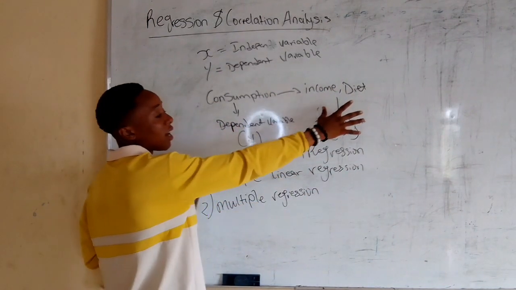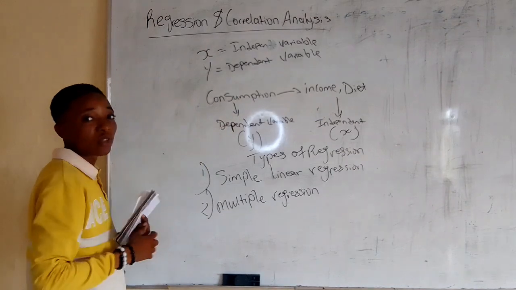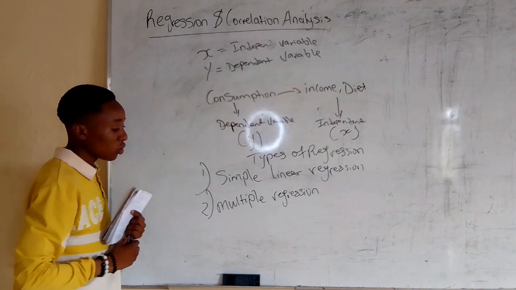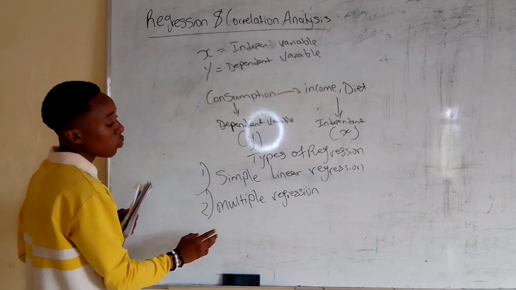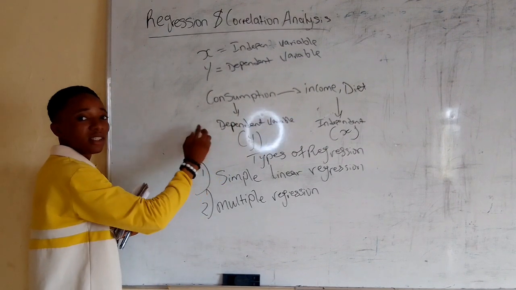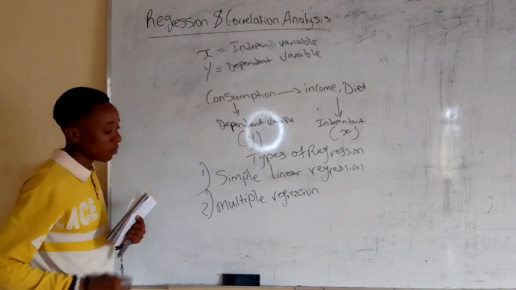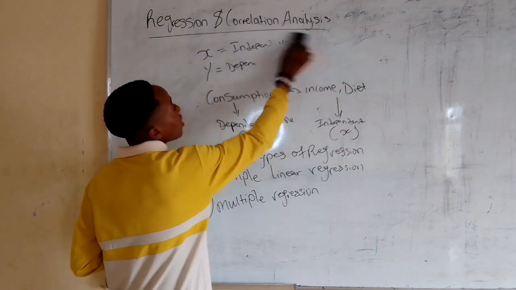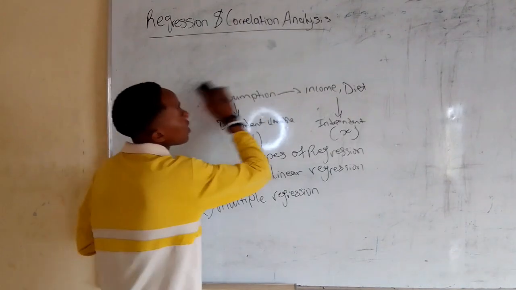Income and diet are not the only functions of consumption. There are other factors that affect consumption. So in multiple regression, we consider more than one factor that can affect the dependent variable. So our formula for simple regression is, let me write it down here.